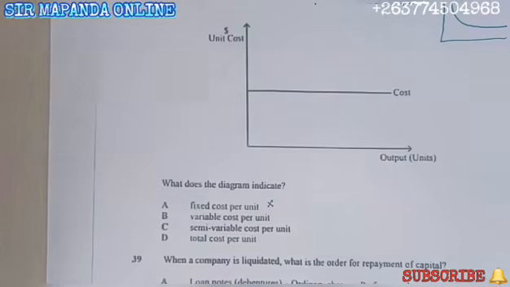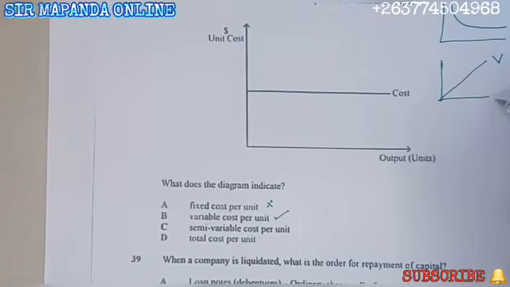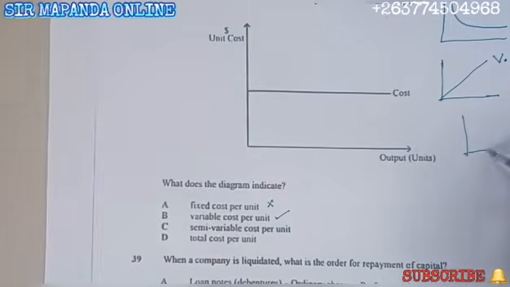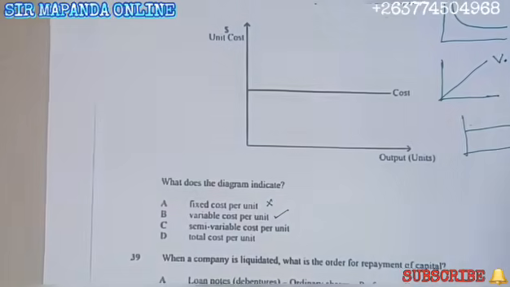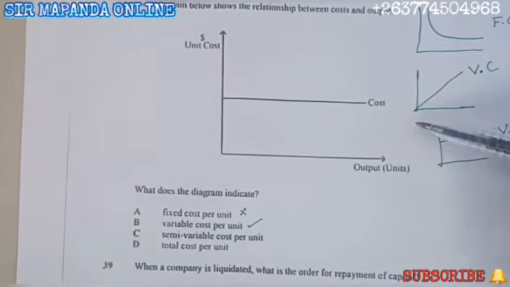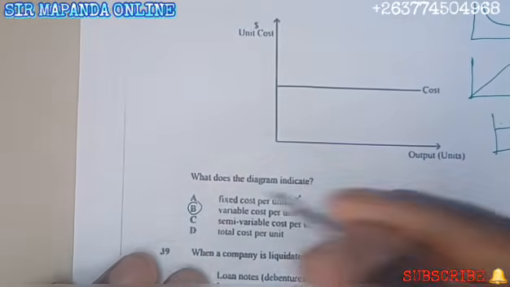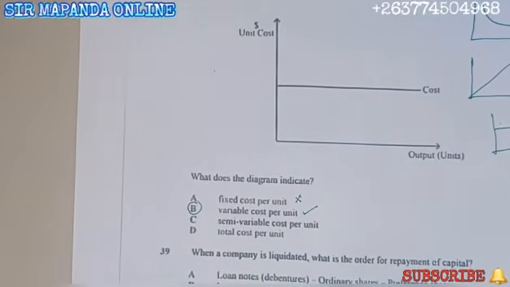Remember, variable cost per unit are constant. Do not also confuse total variable cost with the variable cost per unit. Variable cost per unit are constant, but total variable costs, they give you this line. So my answer is B, variable cost per unit.